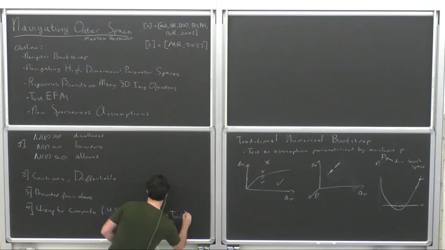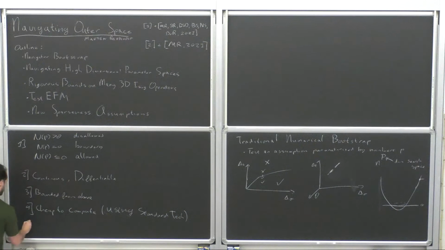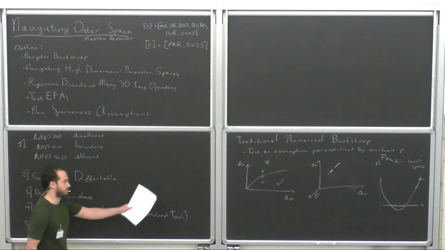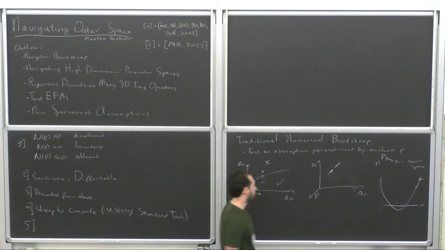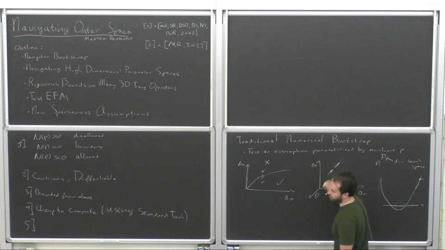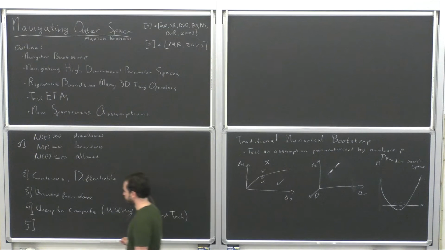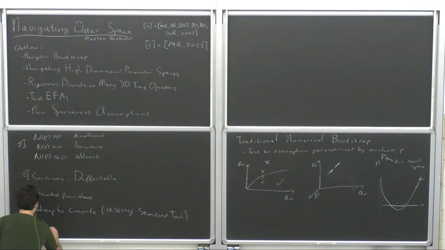And finally, it would be nice if you could also very cheaply compute this gradient that I mentioned, where you want to know how this function changes under a small perturbation. So also cheap derivatives.